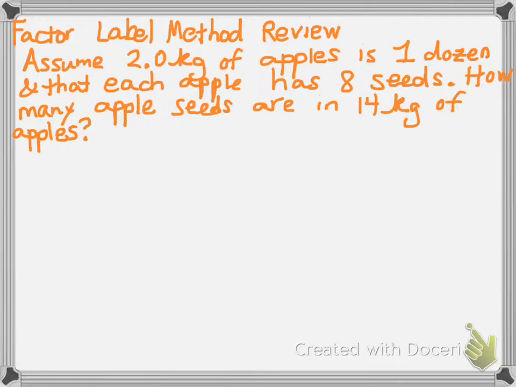So this problem is saying, assume that 2.0 kilograms of apples is 1 dozen and that each apple has 8 seeds. So these are actually meant to be used as those conversion factors, okay? So what this is saying is 1 kilogram of apples equals 1 dozen.